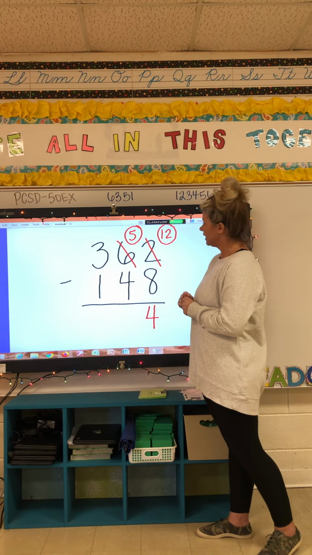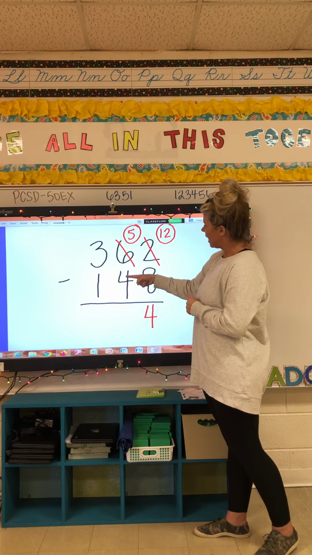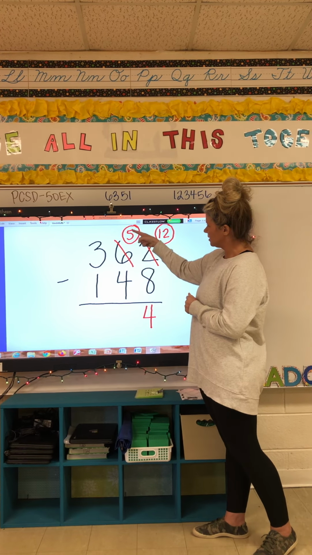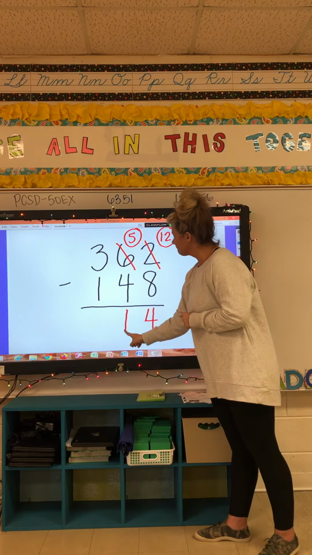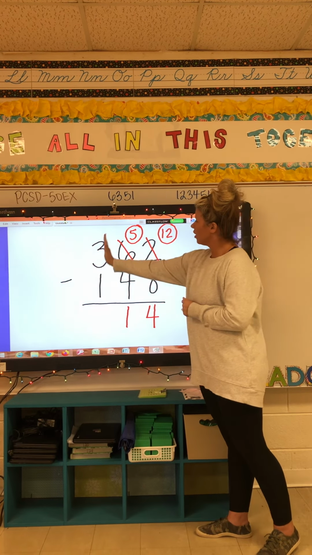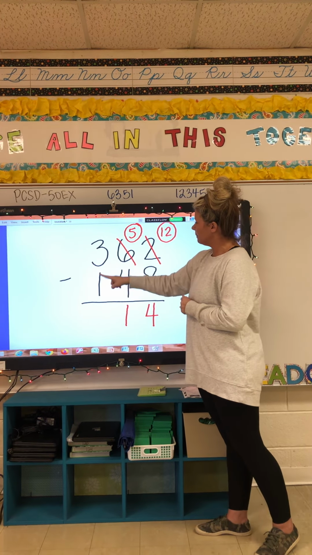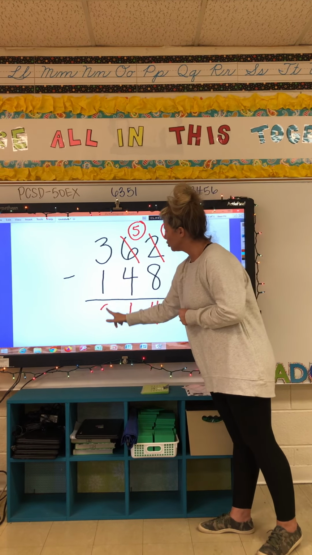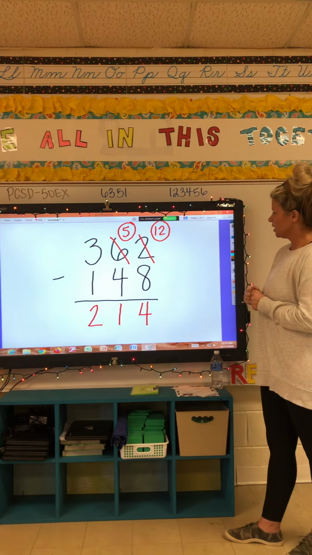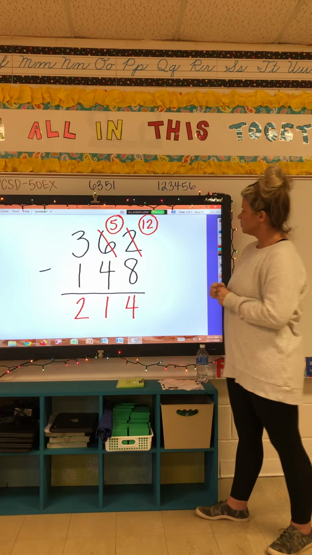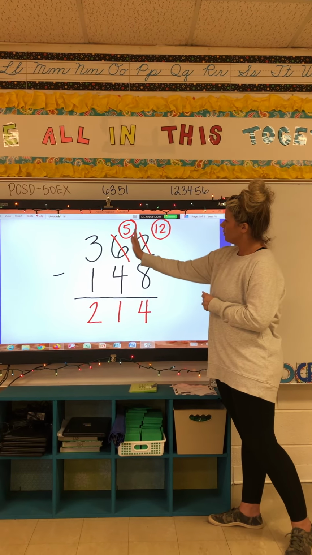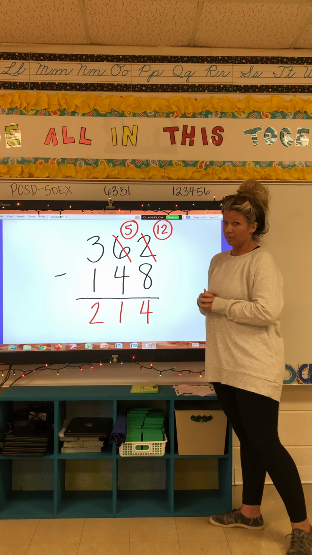We're subtracting 5 minus 4, remember not 6, but 5 minus 4 is 1. Move over to our hundreds column. 3 minus 1 is 2. So our answer is 214. That is a 3-digit subtraction problem where we must borrow from the tens column.